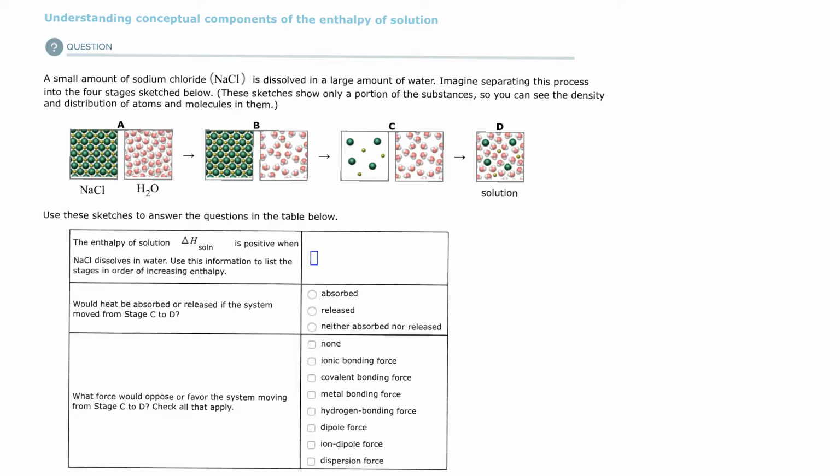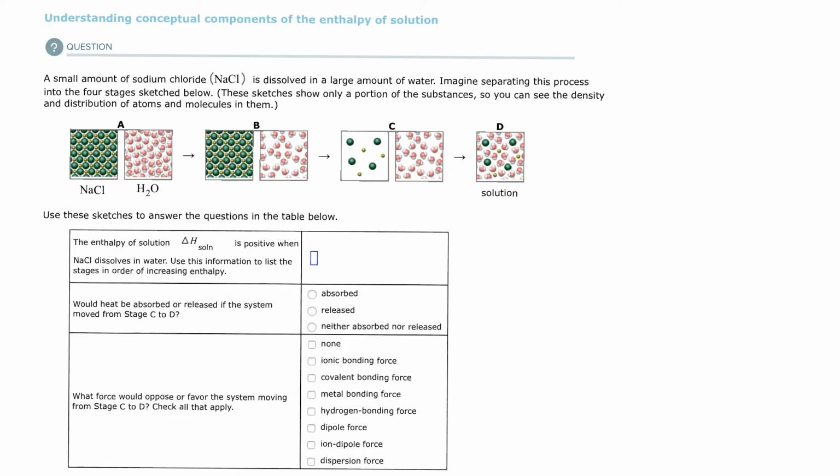Once you get all of the holes in the solvent and you spread out all of the ions in the salt, then the ions can fill those holes made in the solvent. Remember, all of those water molecules are very attractive to the ions. The positive sides, the white sides, are attracted to the big green dots, and the red sides are very attracted to the yellow dots.